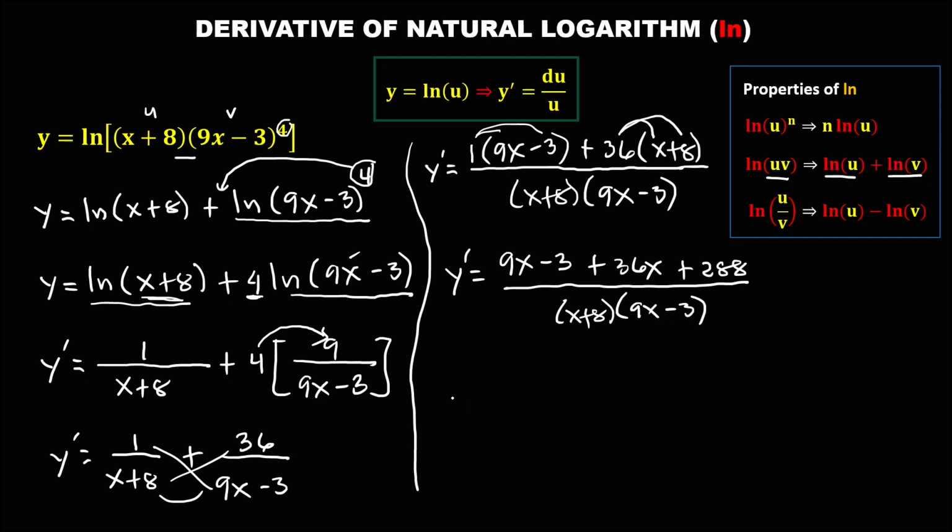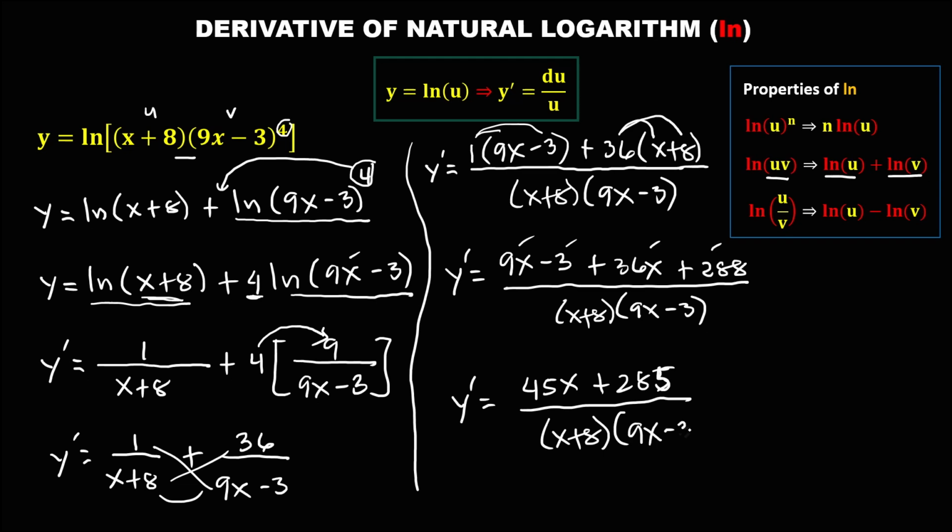Then we can combine now like terms, so y prime equals this positive 9x and positive 36x, this is 45x. Then negative 3 plus 288, so positive 285. Then over this x plus 8 and 9x minus 3.